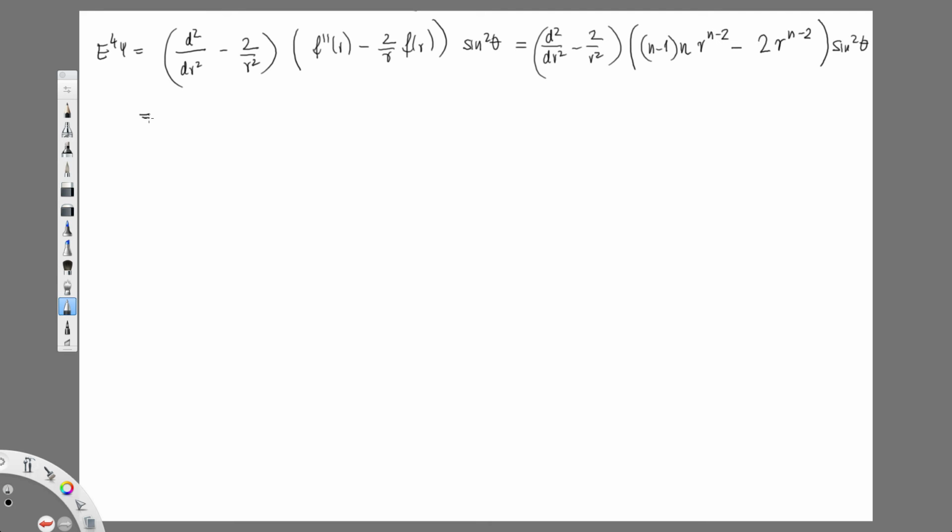Okay. Now I keep going. I have to actually take the second derivative, so I can simplify this first. It's actually n squared minus n minus 2 times r to the n minus 2. I divided by r squared, right?